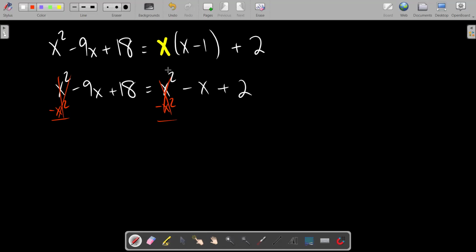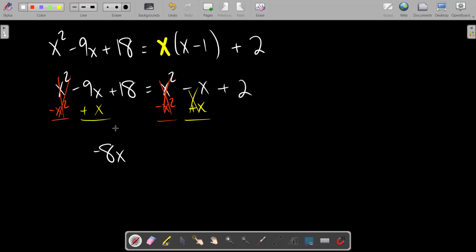So we just have a choice to make now. Would you guys prefer to move x's to the right and numbers to the left, or x's to the left and numbers to the right? I, for one, couldn't care less. Sure. Just kind of par for the course here. So let's add the x across to both sides. Look at me showing my work, right? And that's going to lead me over here with negative 8x's.